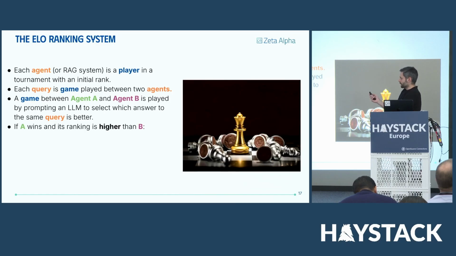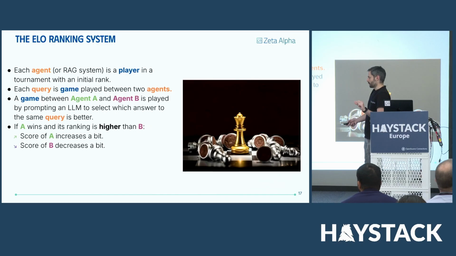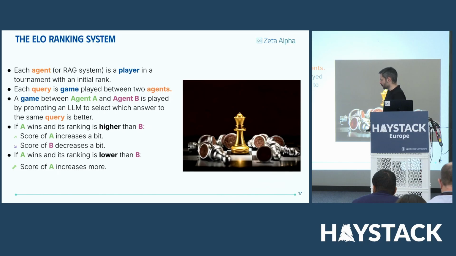And the algorithm is if A wins, so agent A, and its ranking is higher than B, then the score of A increases by a little bit, whereas the one from B decreases by a little bit. Whereas if, same situation as before, A wins, however, its ranking was lower than B, then you are going to reward that more, right? So the score of A will increase by a lot more, and the score of B will decrease by a lot more.